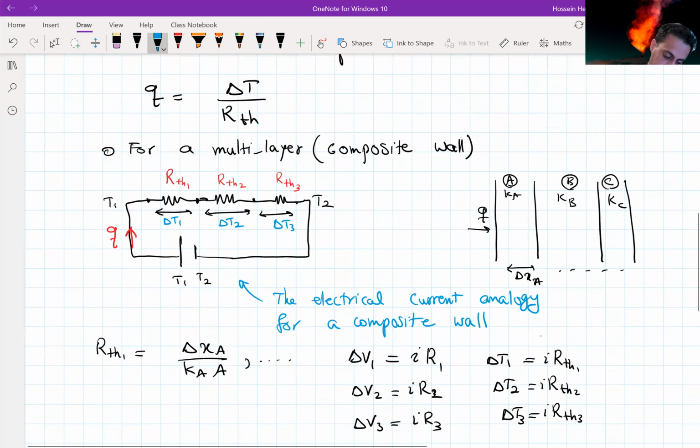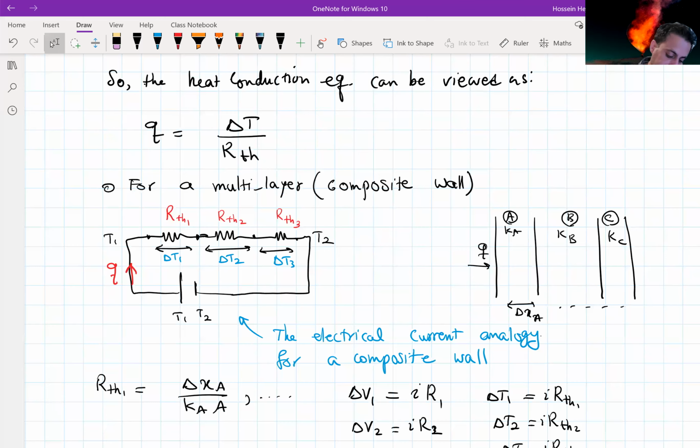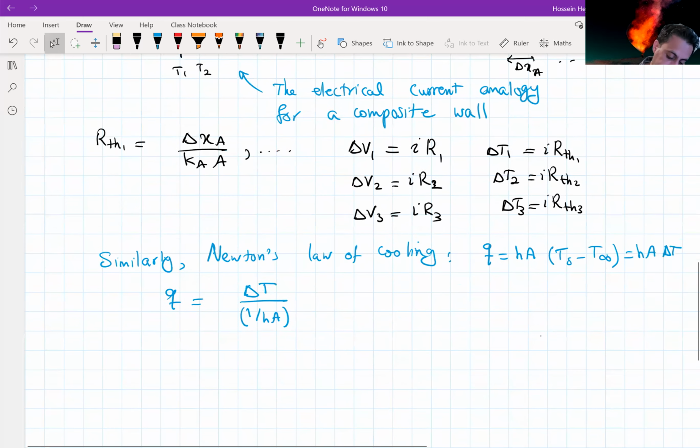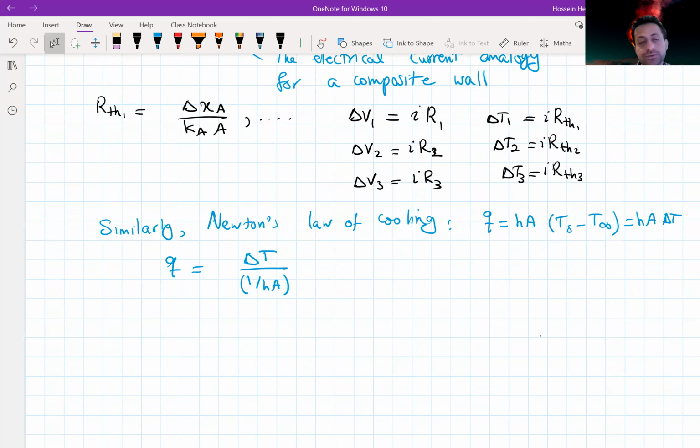And comparing with what we have here, the thermal resistance when we have convection, or Newton's cooling law, is going to be 1 over hA.